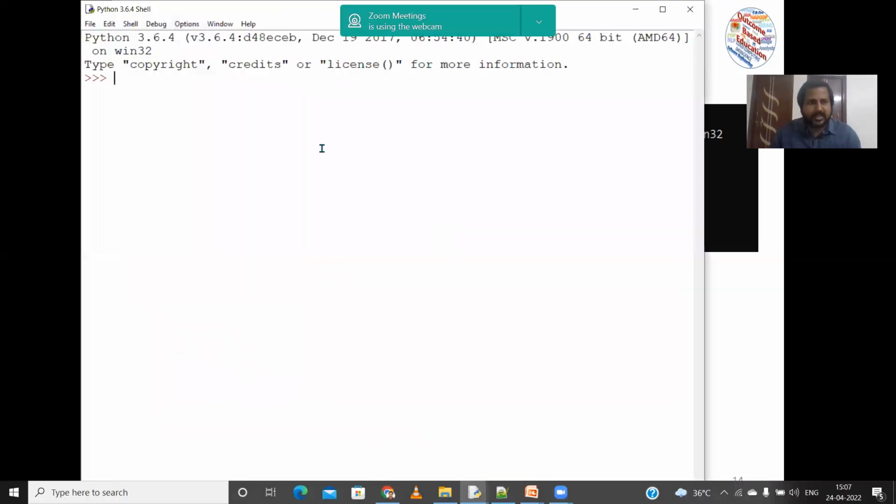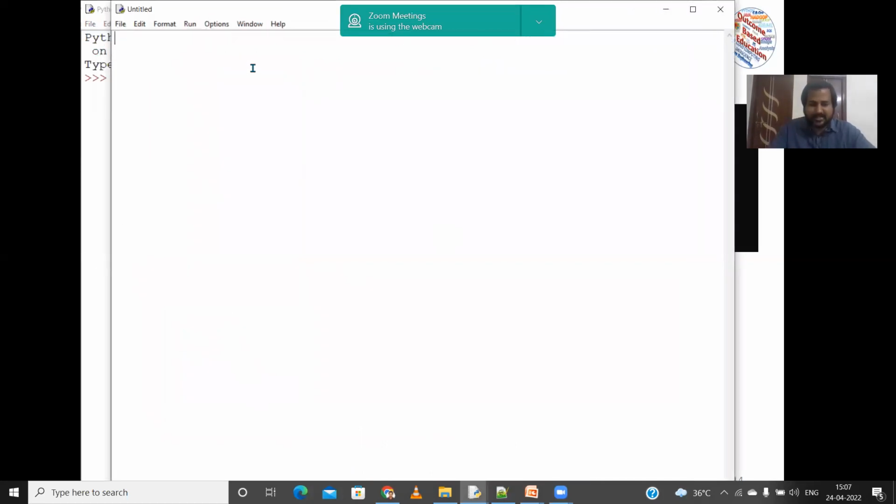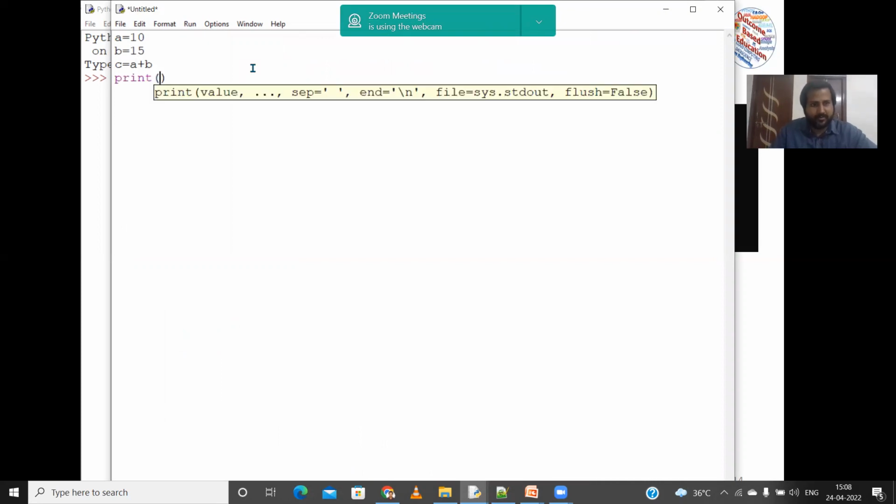So after opening IDLE, you can go to File, open a new file, and write the same program. A is equal to 10, B is equal to 15, okay, C equal to A plus B, and print of C. This is the print function.